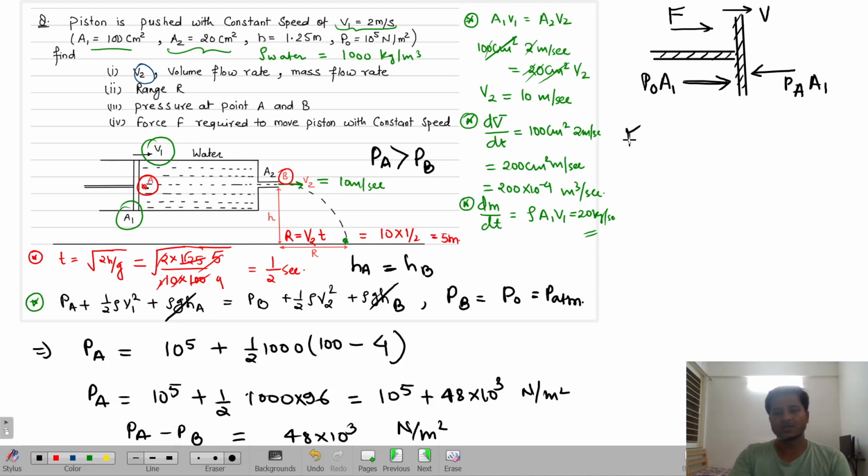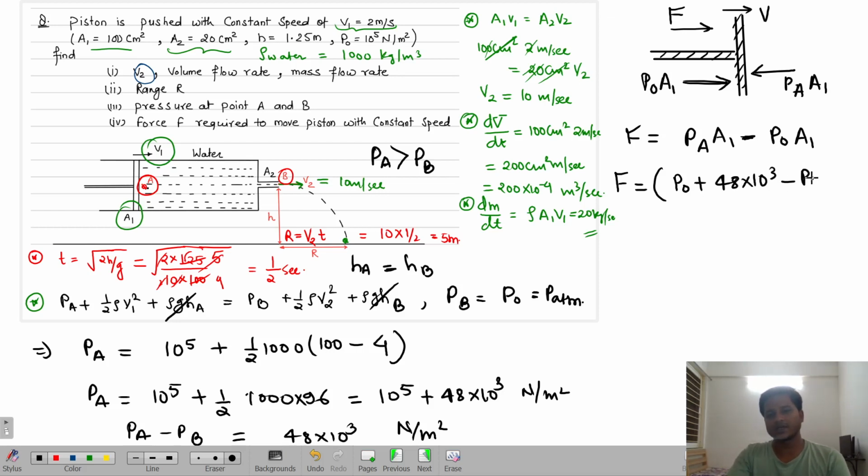So F is nothing but simple pressure of A into A1 minus P naught into A1. F is nothing but PA, which is P naught plus 48 into 10 to the power of 3, minus P naught, directly into A1. So P naught got cancelled. Net force is 48 into 10 to the power of 3.